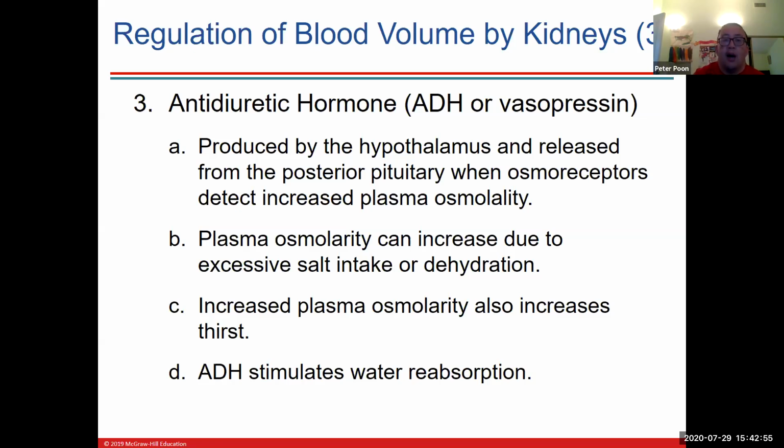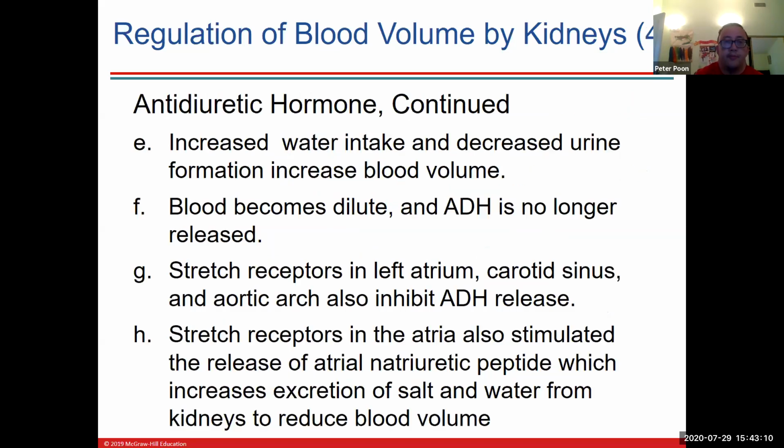Vasopressin can cause reabsorption of the water in the kidneys, and that increases blood volume. So increase water intake, decrease urine formation.